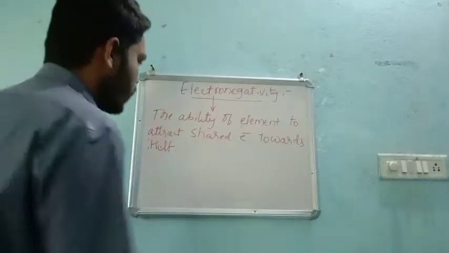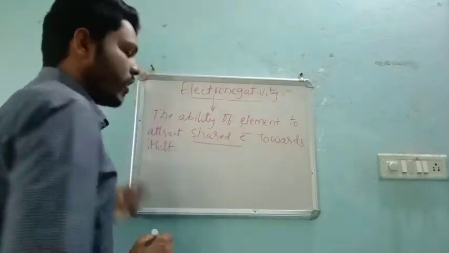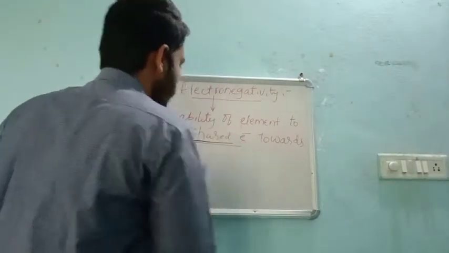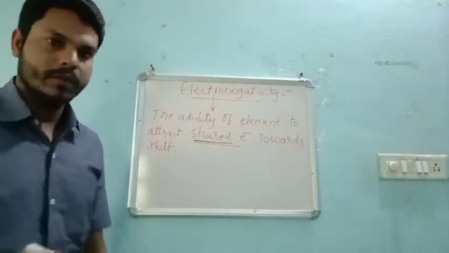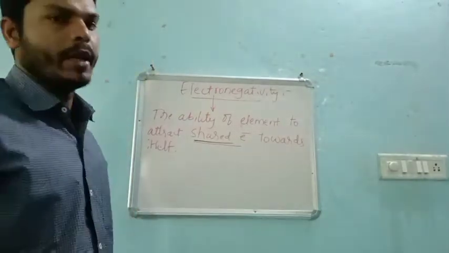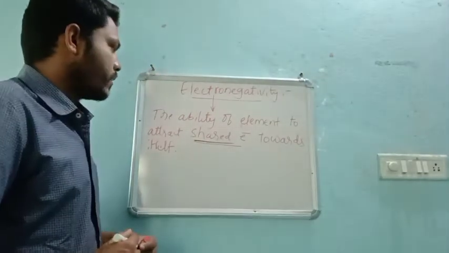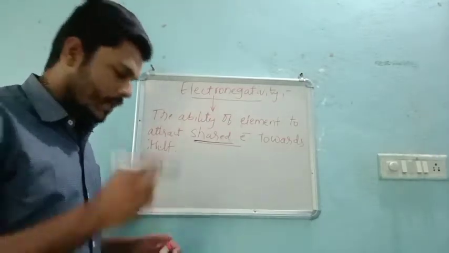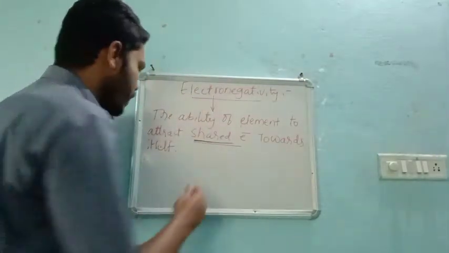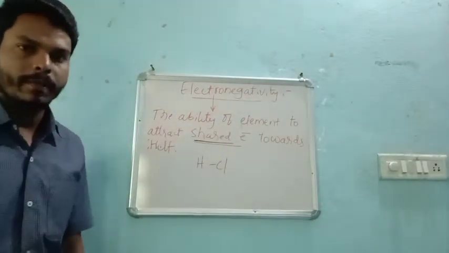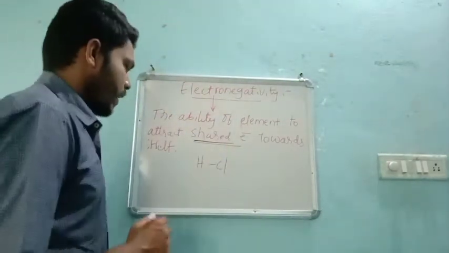Right? So now, what are these shared electrons? Which is very important. Ability means to attract; they are attracting the shared pair of electrons. Consider a bond between any two elements, like H and Cl.